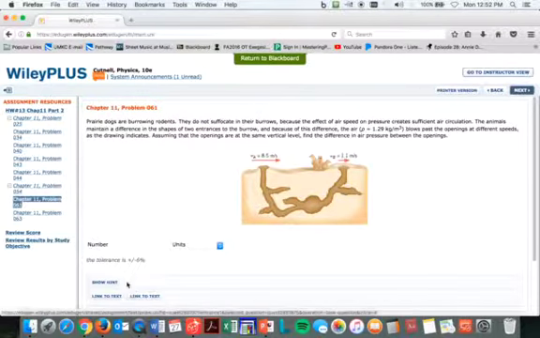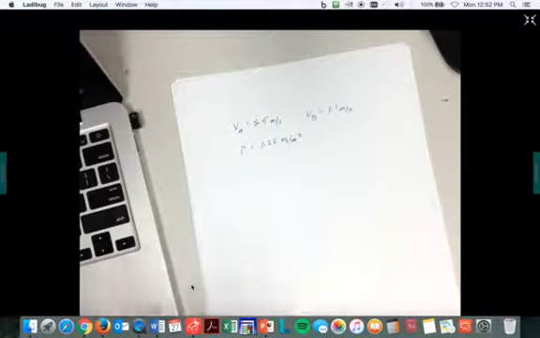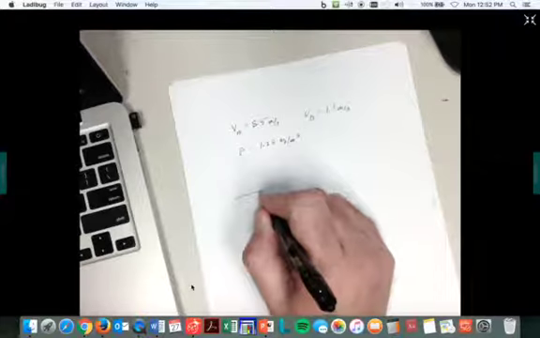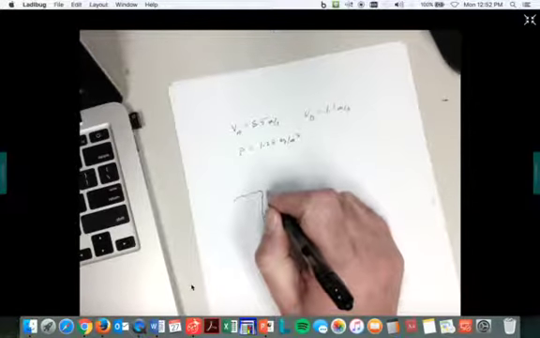So now let's take a look at what we're doing here. They had this opening here, this is the thin opening.